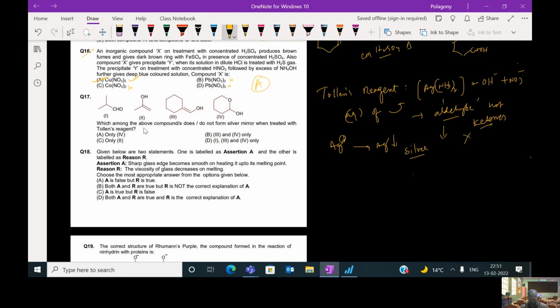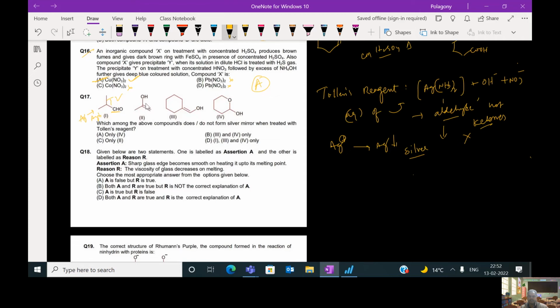So the first option has an aldehyde functional group and responds to the Tollens test, converting Ag+ ions into metallic silver.